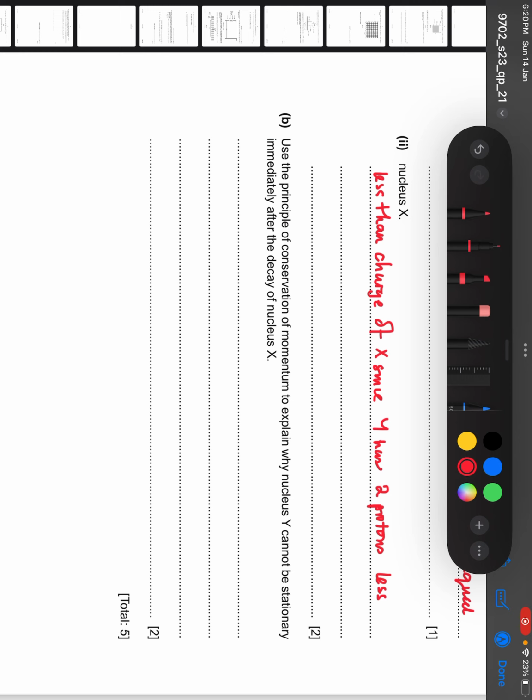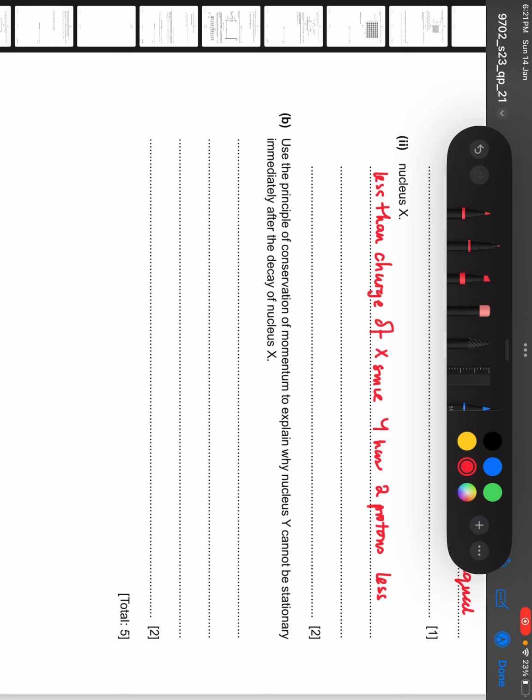To make sure the total momentum is 0, the momentum of nucleus Y must be equal and opposite. Since they are both vector quantities, the momentum of nucleus Y must be equal and opposite to the momentum of the alpha particle, such that when we add them, they subtract each other, giving 0. So that is the issue here.